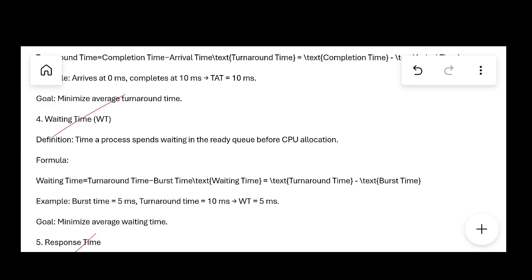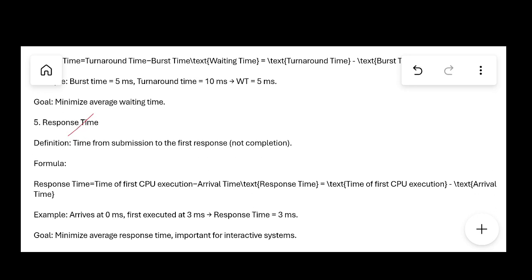Then response time. Now comes a key one for interactive systems. This is how long it takes for a process to get the CPU for the first time.